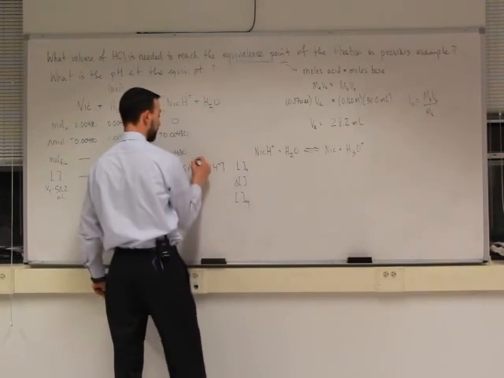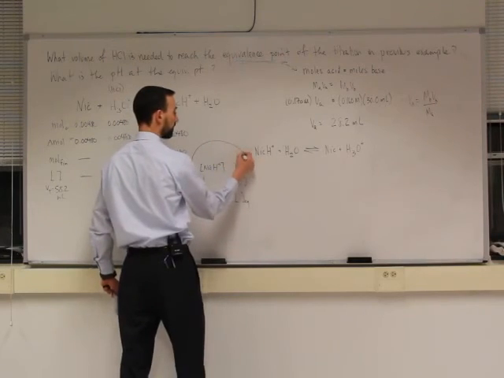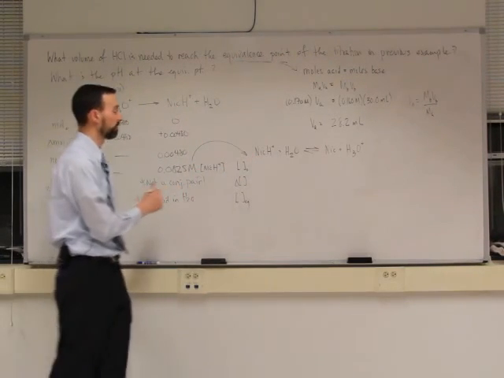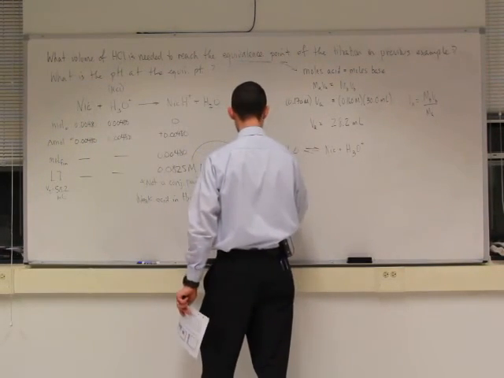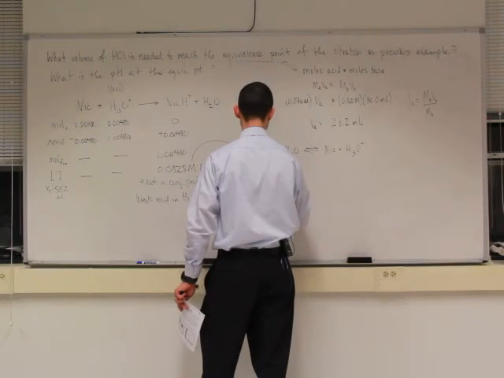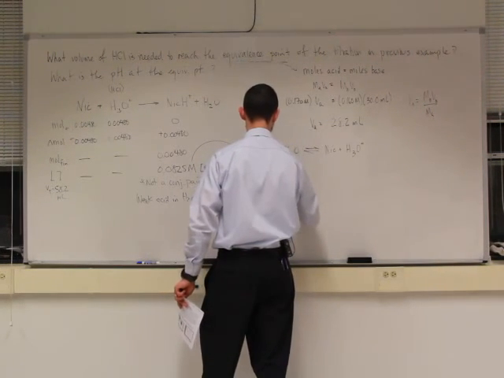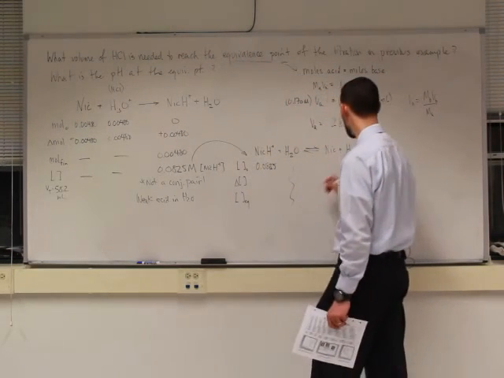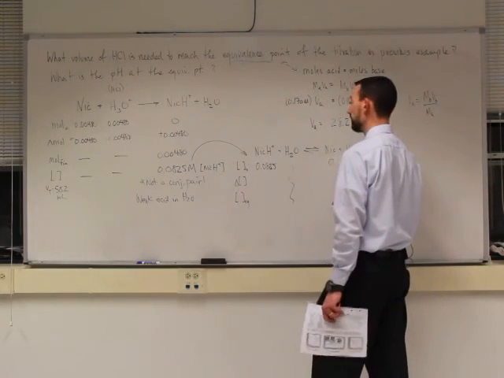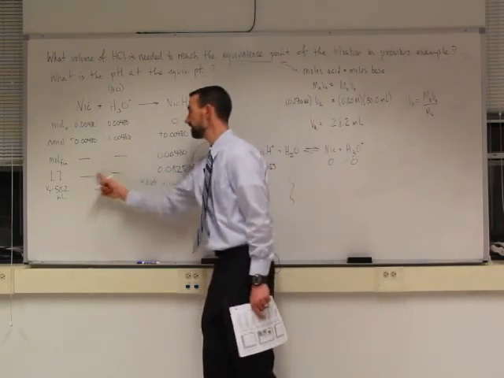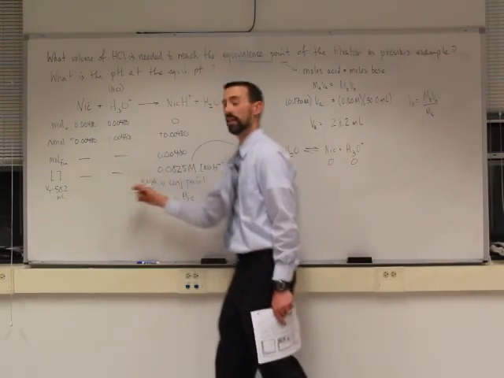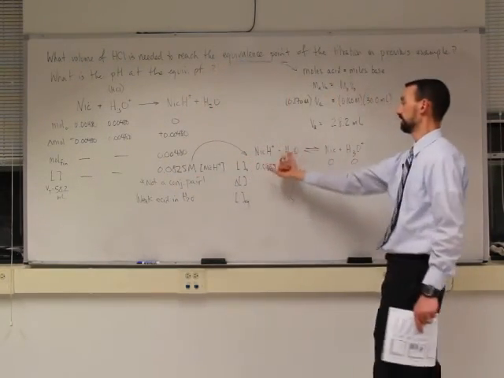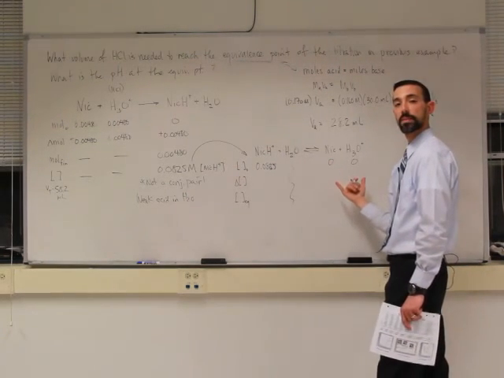And the ending number from the first calculation becomes the starting concentration of my nicotinium ion. Disregard water, don't do anything with that, and I have 0 of these two. So I've really just taken this line and flipped it into this problem over here.